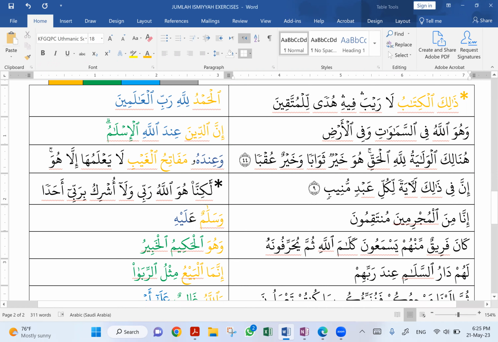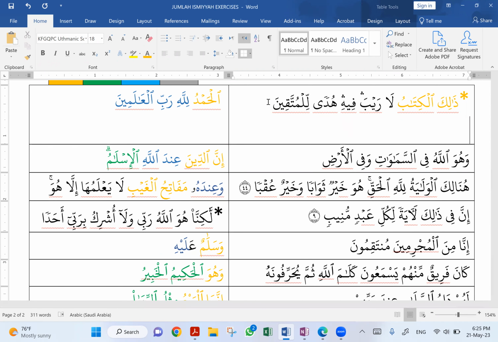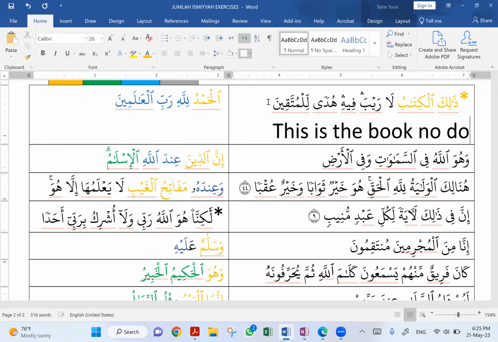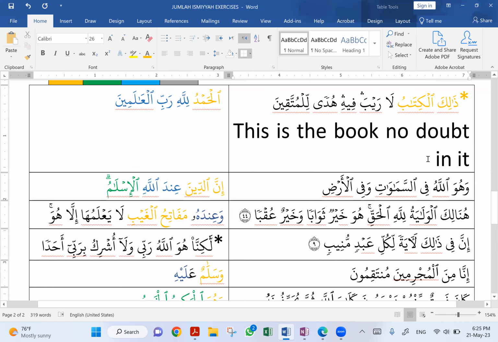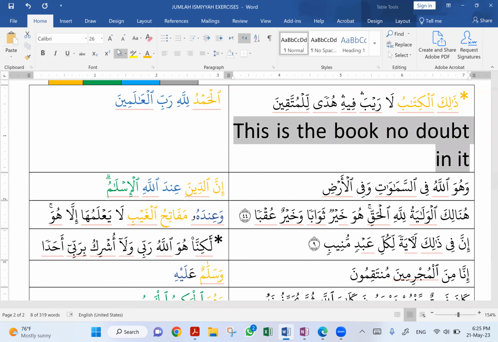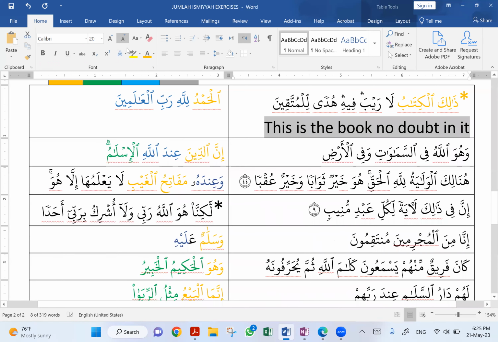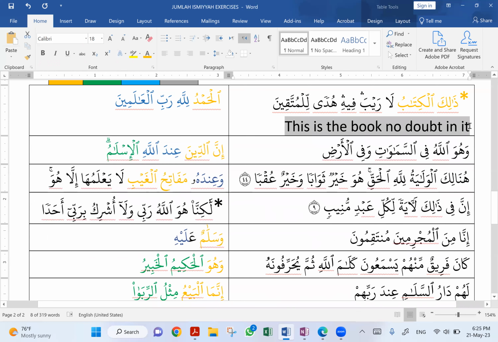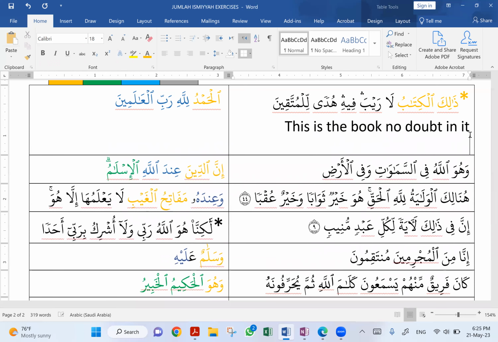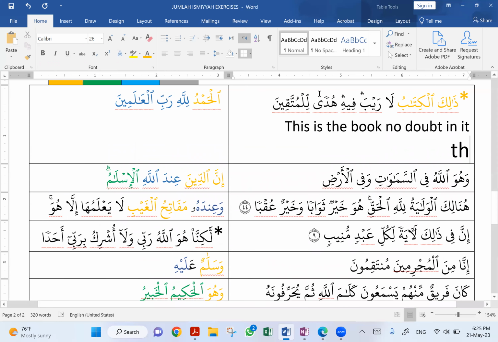Okay. So let me write this down here so that you can see what Ustad was saying. That is the book, right? Yes, that is the book. That's one option. I'm going to make it small so that I fit all the sentences here. That is, if I put "is" after al-kitab, then I can say... sorry, that I wrote this.